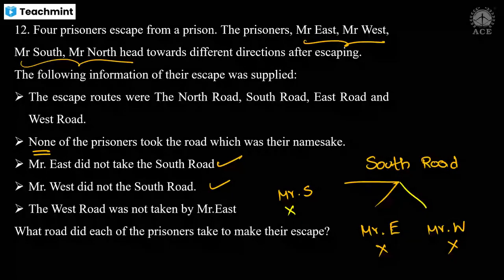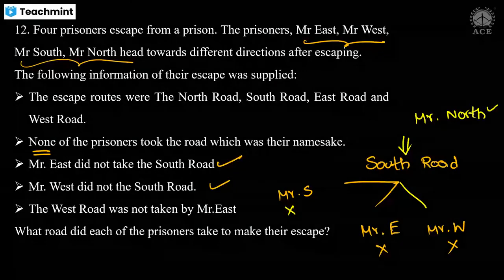Which prisoner is following the south road? Yes, respond in the chat box. Yeah, we can say Mr. North is going on the south road. Okay, now the west road.